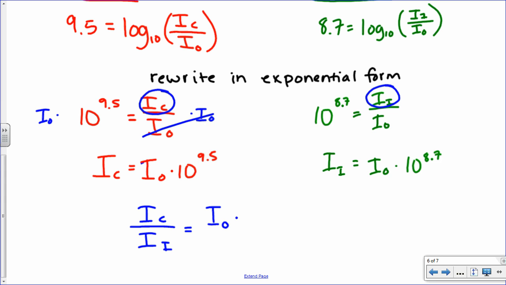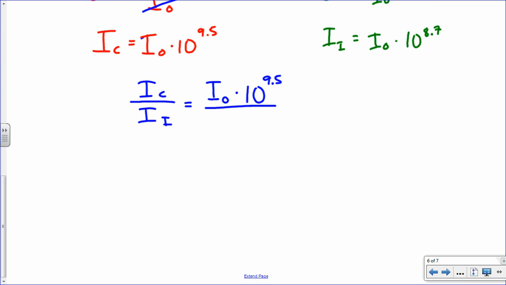This is why the reference intensity does not matter for this problem. I don't know exactly how intense each one was. What I'm looking for is their comparison.